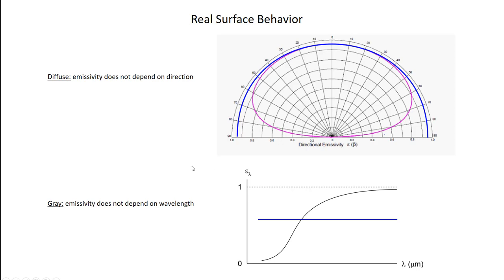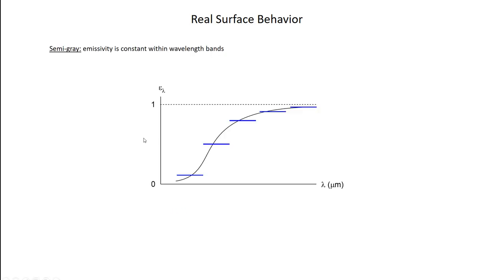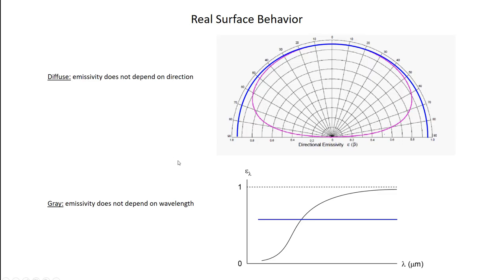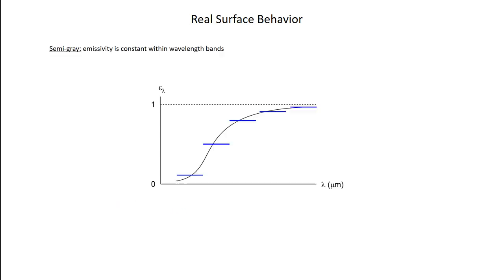But we won't get to that in this class. That's more of a 700 level radiation class thing, I think. All right, so what we'll do next time is learn how to deal with diffuse gray surface problems, and then once we've got that more or less figured out, it's a relatively easy thing to extend that process to a semi-gray surface analysis.